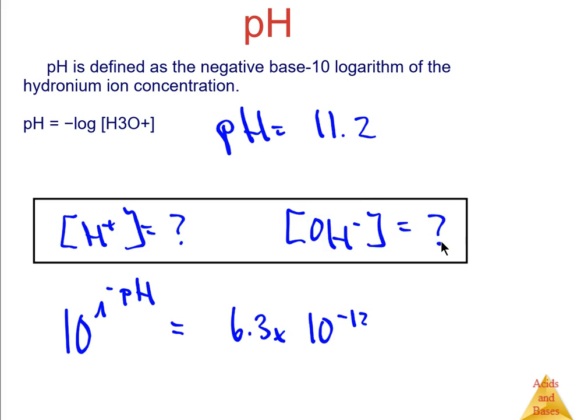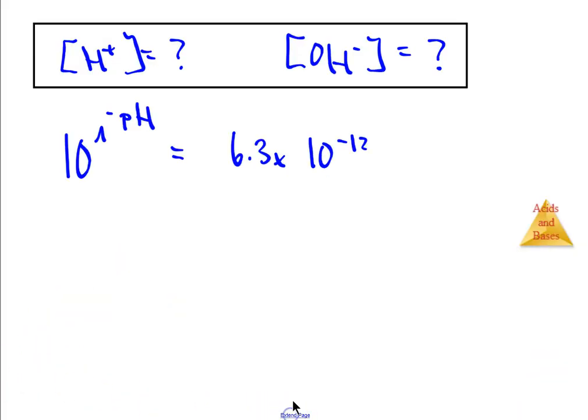All right, I don't know either, but I know how to figure it out. So we just had an equation where we said H plus times OH minus was 1 times 10 to the negative 14, right? So I know my H plus, so I'm going to take 1 times 10 to the negative 14. That's a constant.